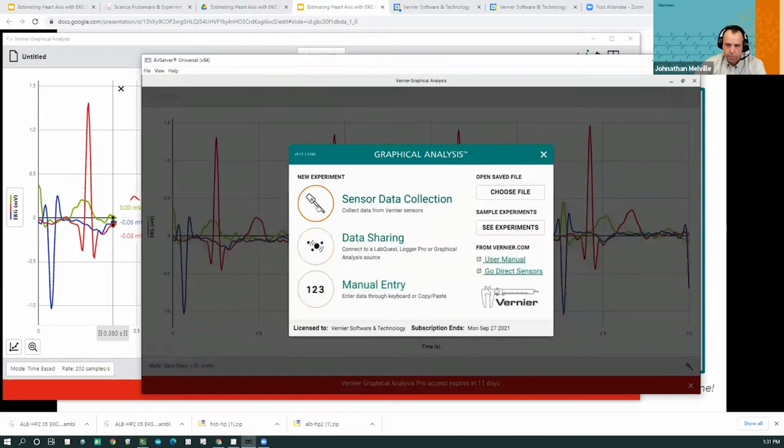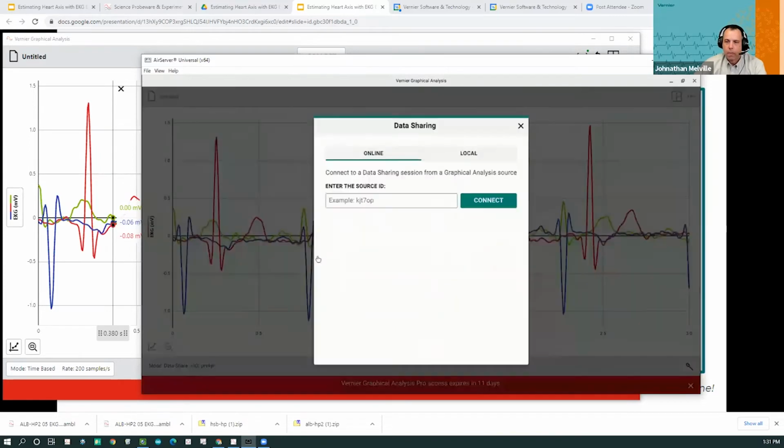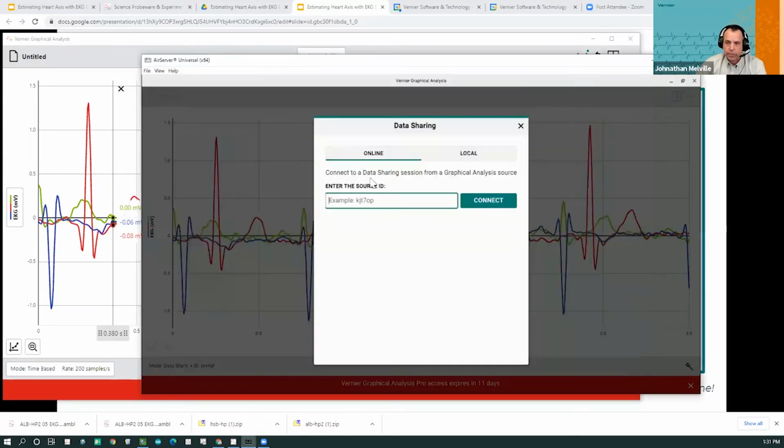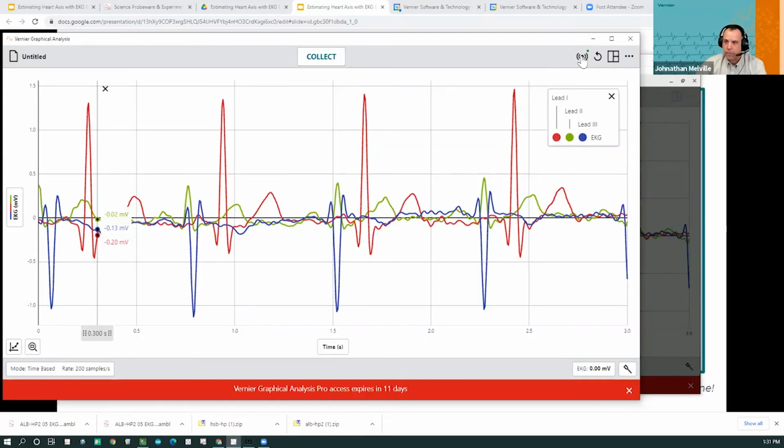They would pick data sharing, and then they would type in the source code that is present. And does that source code change from session to session? It should change from session to session, yes. So if someone else is doing a session, the source code will be different.